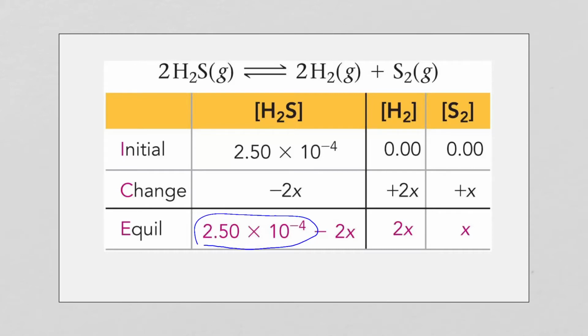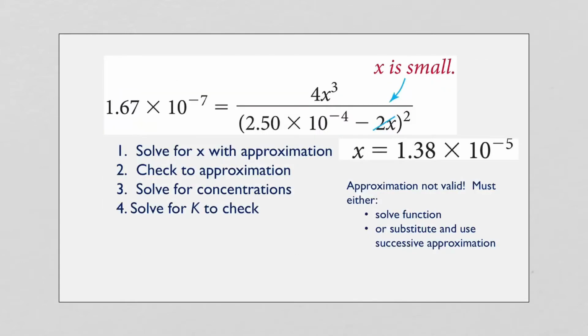You're going to plug this in, you're going to solve for x, making the approximation, just like we did in the last problem. Now, if you do that, so we set up our equation, we say x is small, we solve, you get an x of 1.38 times 10 to the negative fifth.